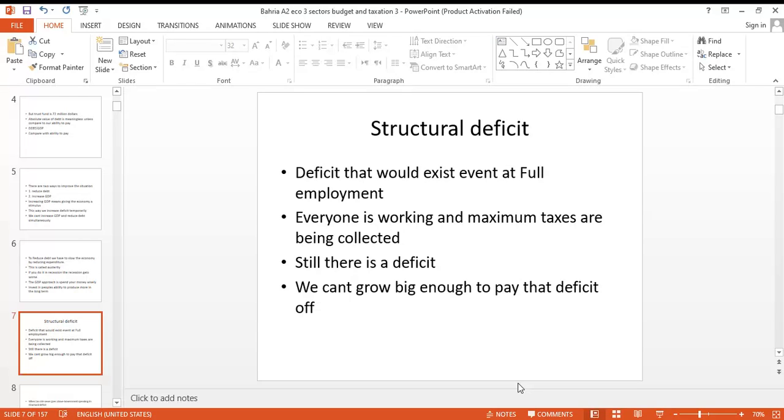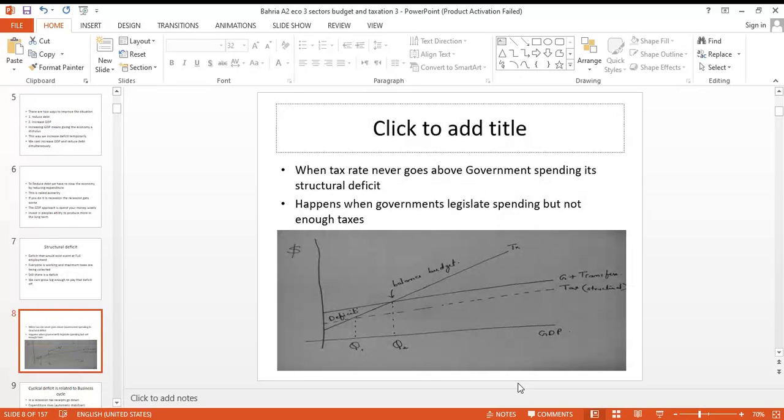But here, the economy is doing well, and people are paying the maximum taxes, but still the budget is going in a deficit. Why is that? Because we cannot grow the economy enough to balance the budget.